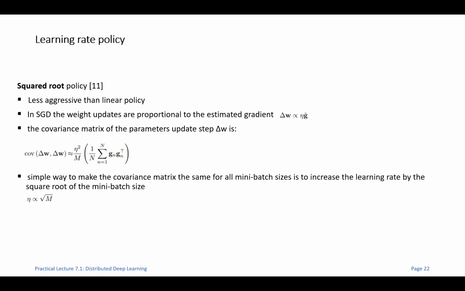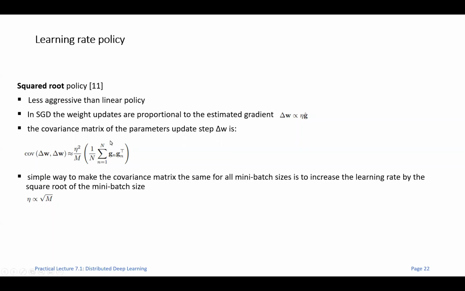Other researchers have later proposed another policy, called the square root policy, for the selection of the learning rate. Instead of looking at the formula of SGD, it looks at the covariance matrix of the estimated gradients.